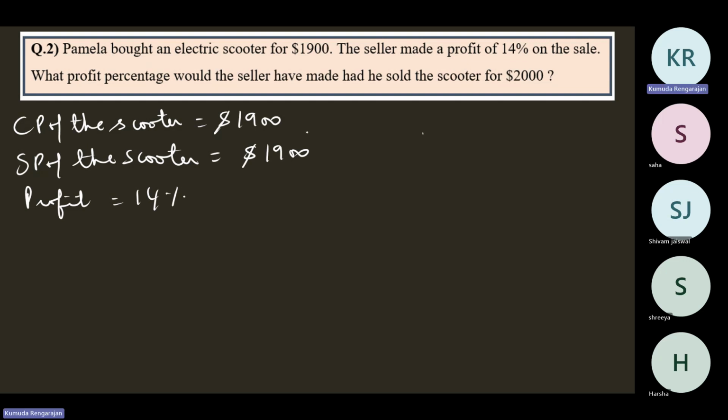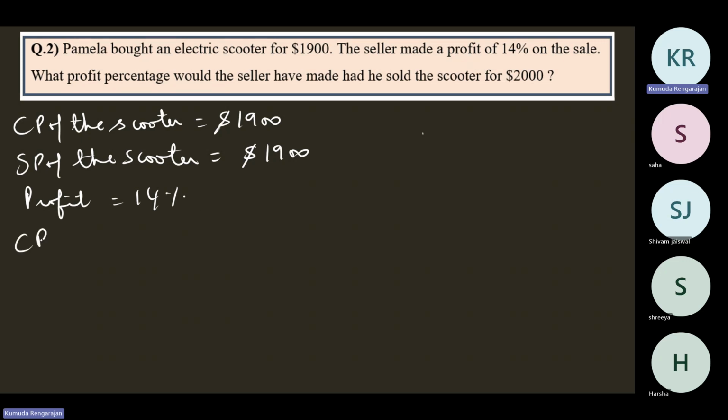Pamela buys it for 1,900. That means the shopkeeper has sold it for 1,900. So the selling price of the scooter is 1,900. And the seller's profit is 14%.